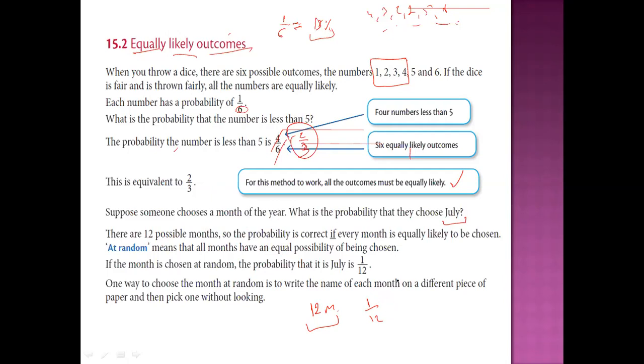So in the question, if they ask us about June and July, it would be 2 over 12, simplifying to 1 over 6. But in this question, only 1 month.